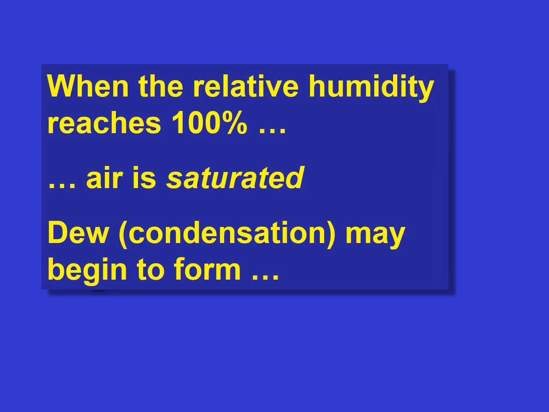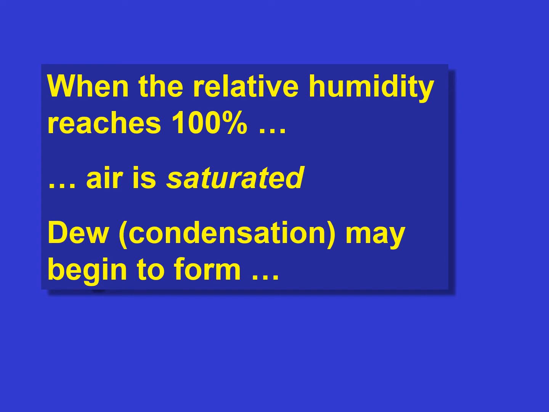Okay, so what do we mean by saturation? When the relative humidity reaches 100%, then that air is saturated. And that means that we expect condensation to begin when the air hits 100% relative humidity.